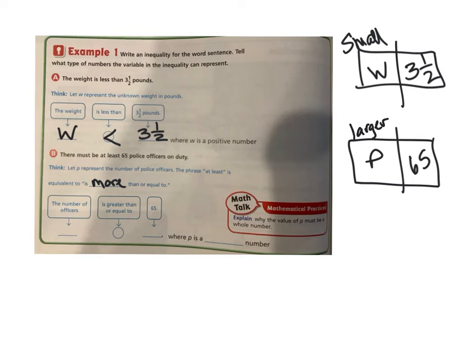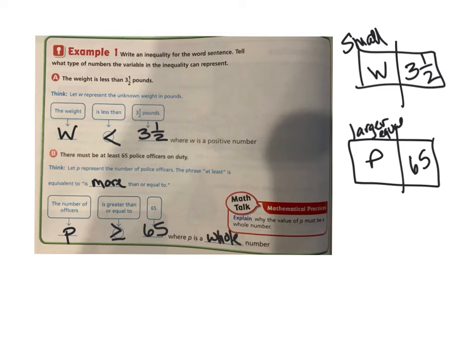But at least also means it could be that, and that's okay. So equal, it can also be that. So police officers compared to 65, it needs to be larger than 65, or it could also be equal to. So where P is a whole number, I think that's what they want there.